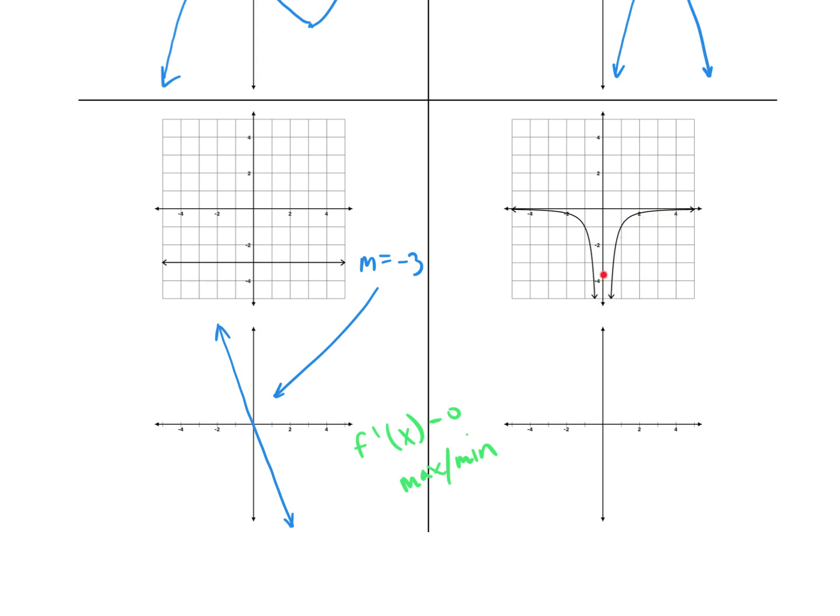So this must be a vertical tangent at 0. And we're decreasing. So I'm going to start higher, shallow, then vertical tangent, and then continue. Something like that.